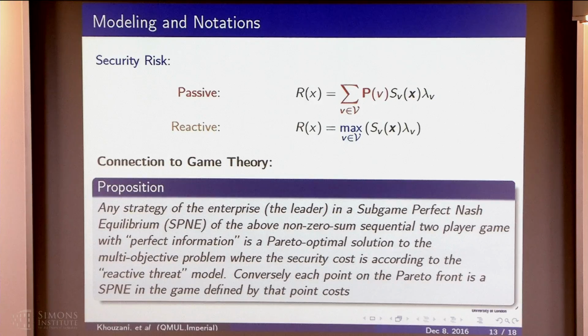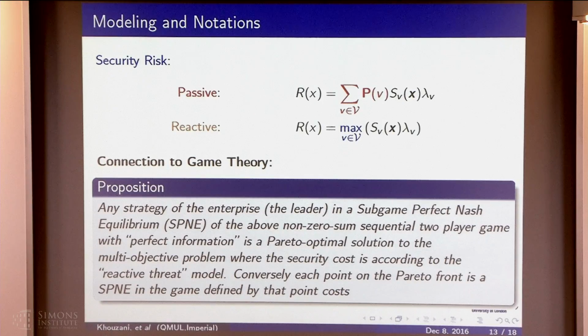And this is how all this connects formally to game theory. These frameworks give us a 2-person game, a leader and a follower. The leader is the defender. He plays first, and then the attacker observes the defense and makes his choice.